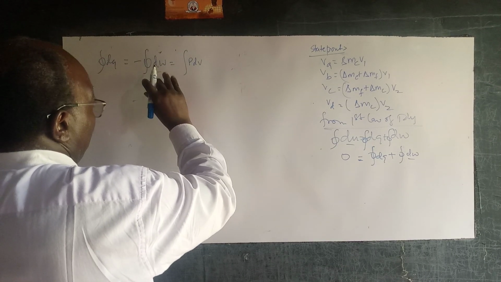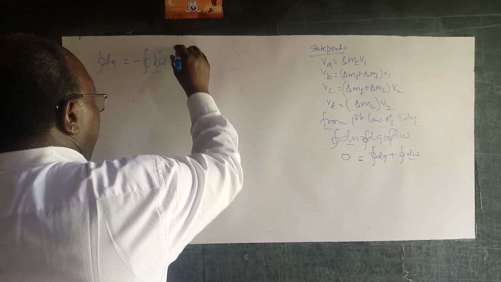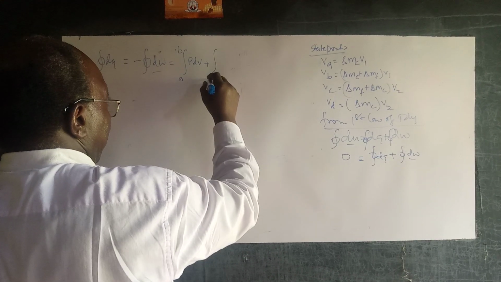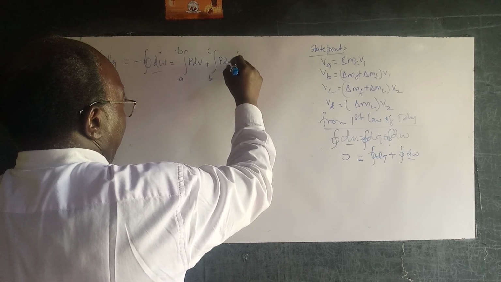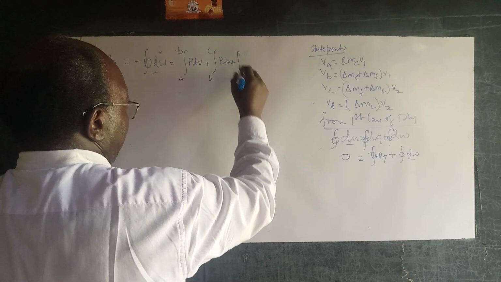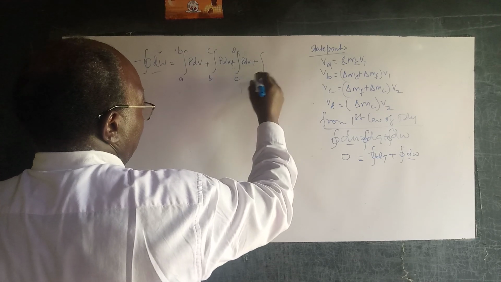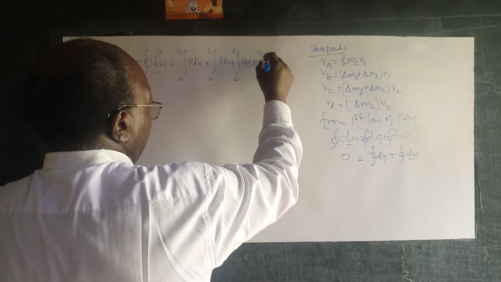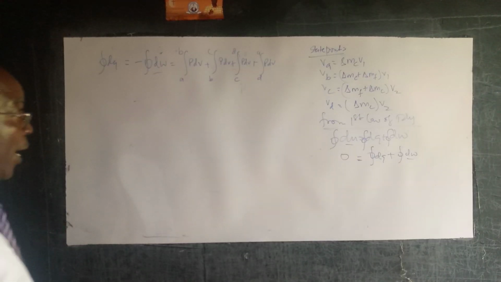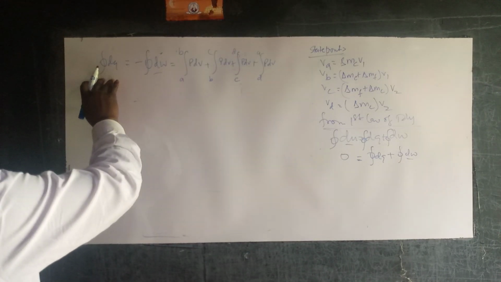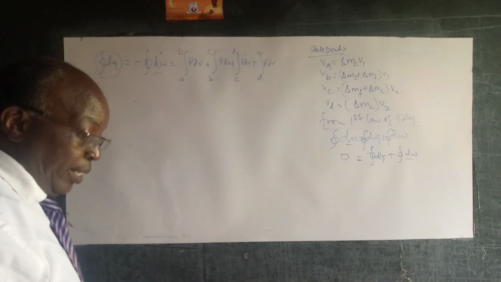Remember, it is pdv from A to B plus B to C plus C to D plus D to A. The same is applicable, line integral for heat there. We are going to look at that.